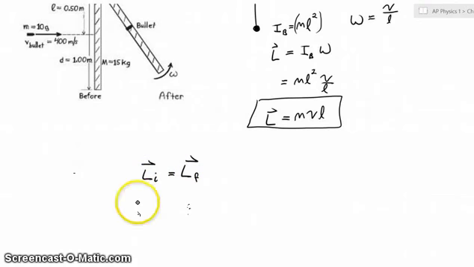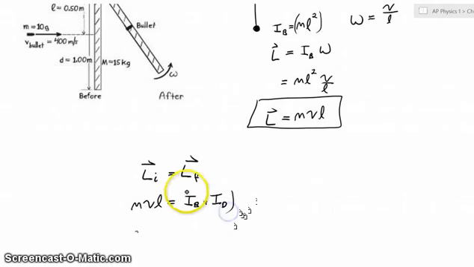Initially, only the bullet's moving, so our angular momentum is the mass of the bullet times the velocity times L. When we're done, we're going to have the moment of inertia of both the bullet and the door times the common angular velocity.